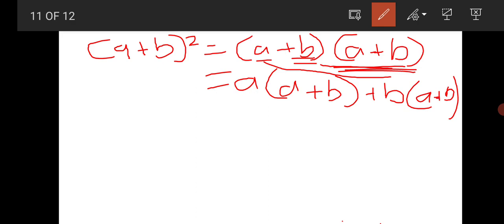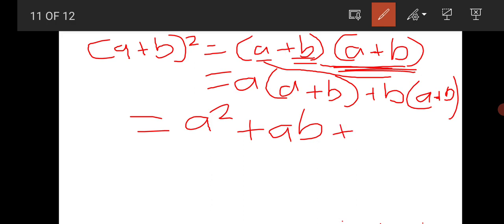Okay friends, now see the answer. a into a is a square. a into b is plus ab. And b into a is ba, which we can also write as ab; ba and ab are both the same. And plus b into b is b square.